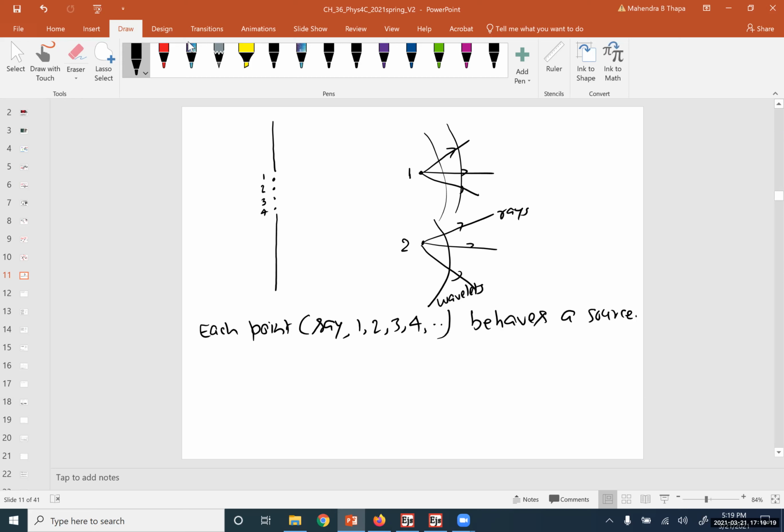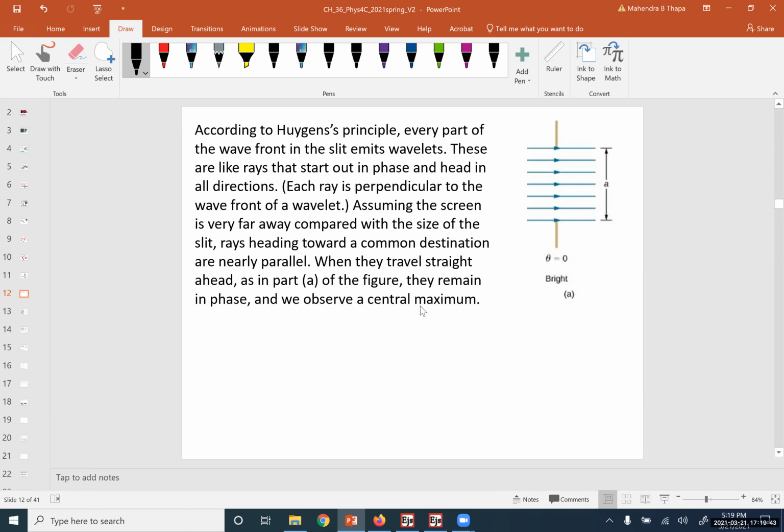Same thing if we consider point 3, it also emits light everywhere. These are the wavelets. So each point of the wave front is a source. If we have point source 1, point source 2, point source 3, point source 4, and so on, each emits light everywhere.